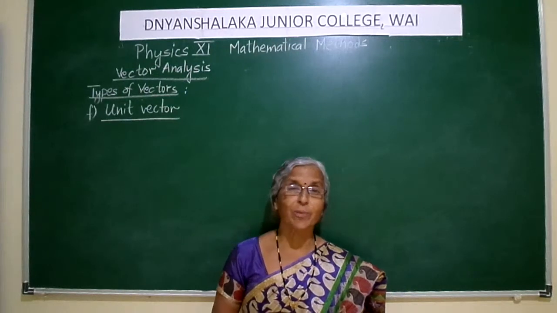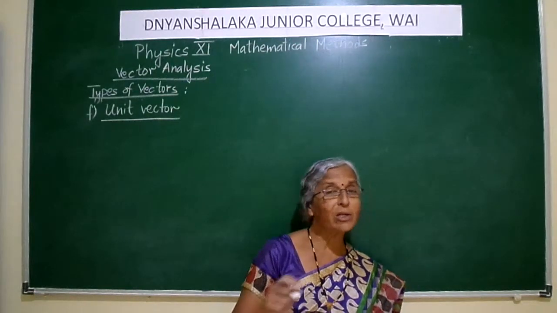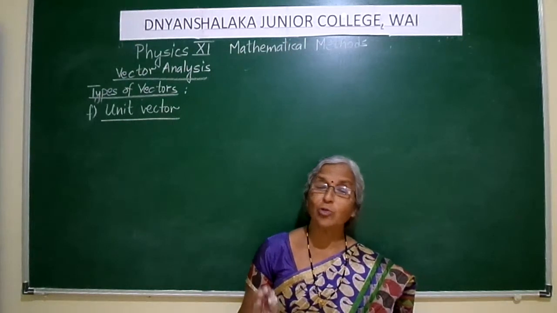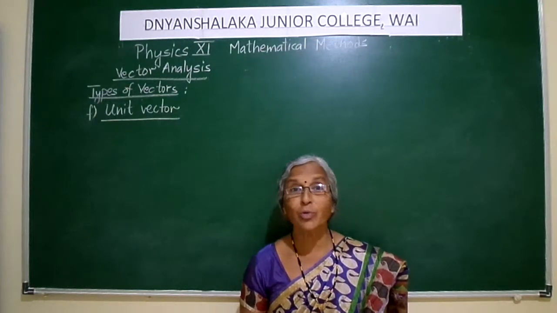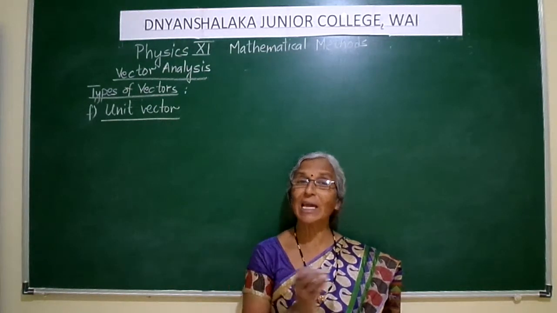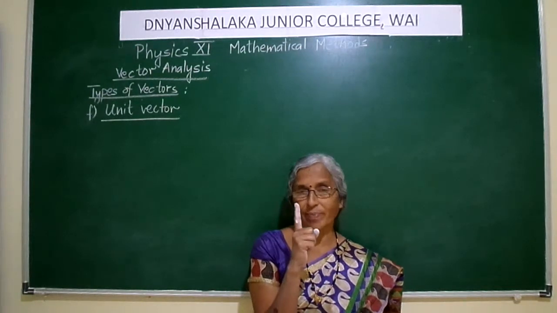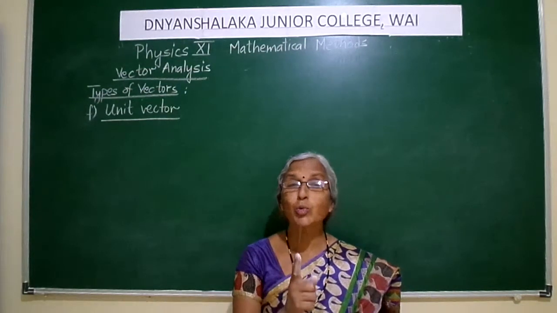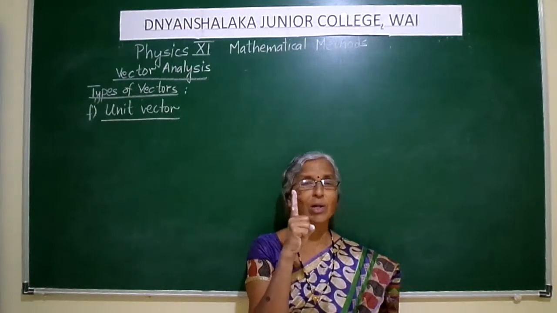In MKS system, unit of mass will be kilogram, and so on. That is unit of a physical quantity. Okay? But when we use unit as an adjective, like a unit vector, unit magnitude, or magnitude is unity, when we say it that way, their unit or unity means 1. What is the value over there? 1. So when I say unit vector, that means it is the vector whose magnitude is equal to 1.